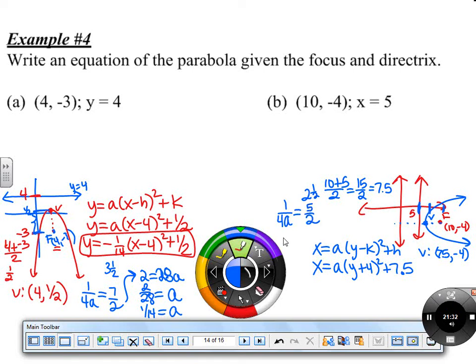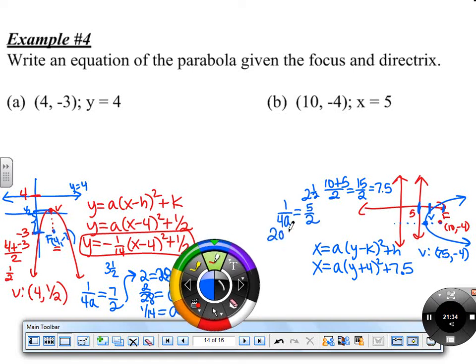So I'm going to cross multiply to solve this, and I get a equals 1/10. Again, make sure you analyze if it's supposed to face right or left when you put that in. Since it's right, we would expect the a value to be positive. So we'll just keep it as 1/10.